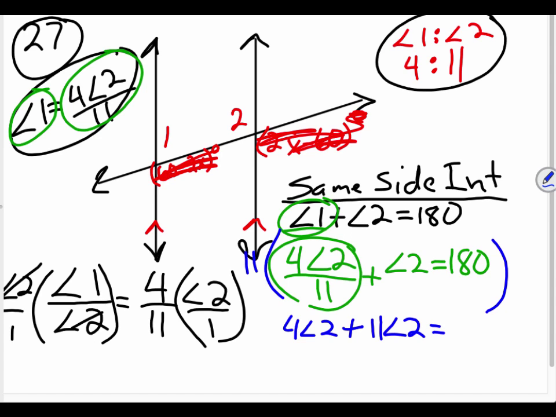Somebody got a calculator? 11 times 180? It'd be 1,980. Is that right? Yeah, that makes sense, 1800 plus 180. Okay, cool. All right, so now we're going to combine like terms.